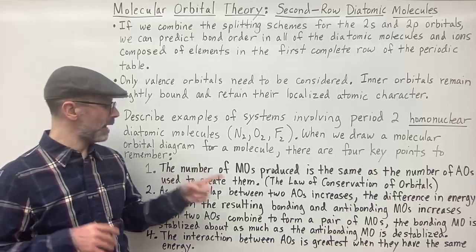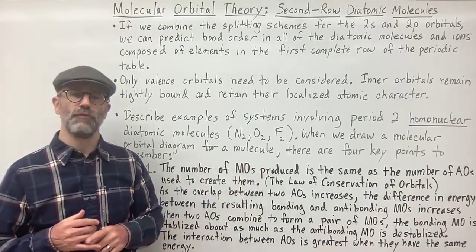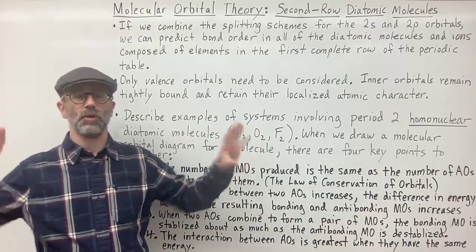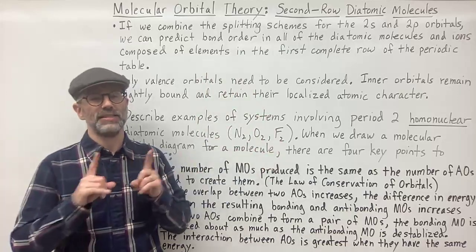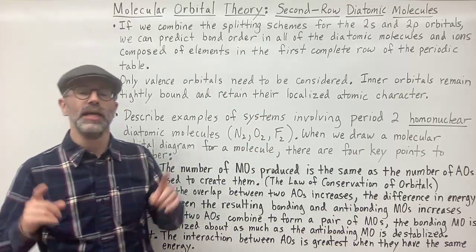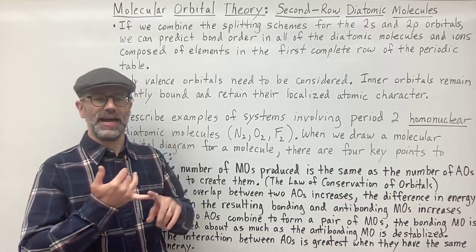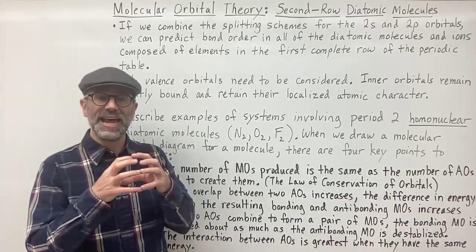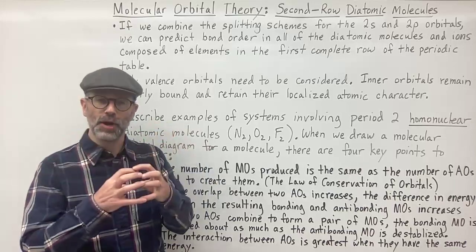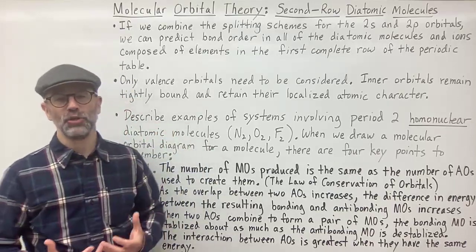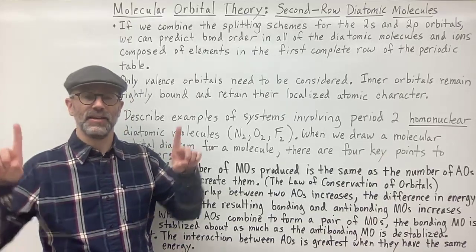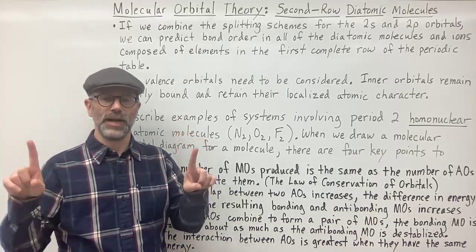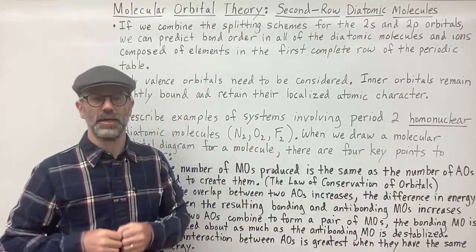In valence bond theory, you're taking an s and a p or whatever from the same atom, and you're hybridizing those together. In molecular orbital theory, you're taking the atomic orbitals of different atoms and combining those together.